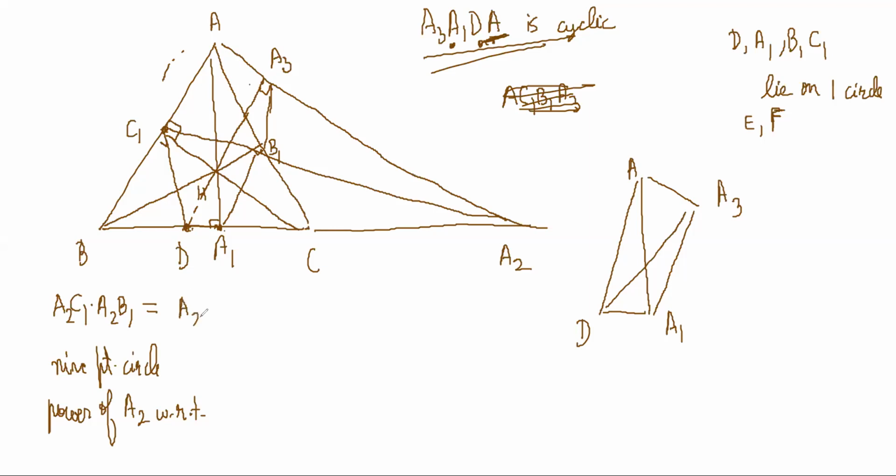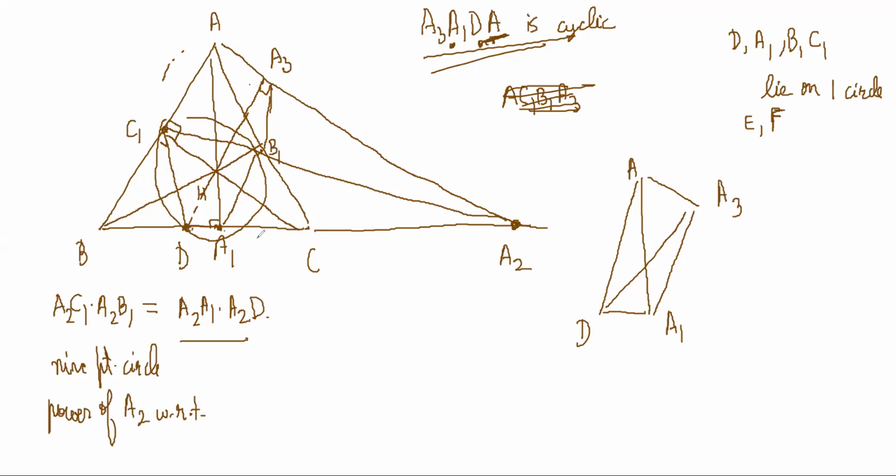Yes, because they are also on the circle. Right? This should happen, no? Yes, because A2 is the same point with the same 9-point circle, right? A2A1 into A2D, correct.